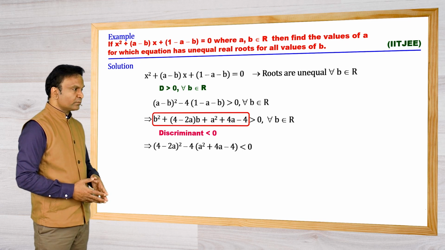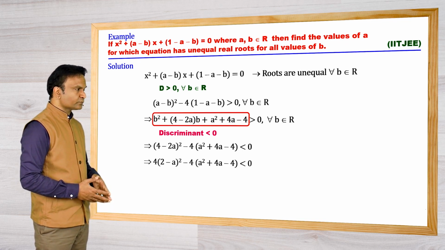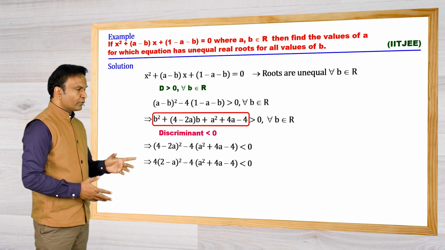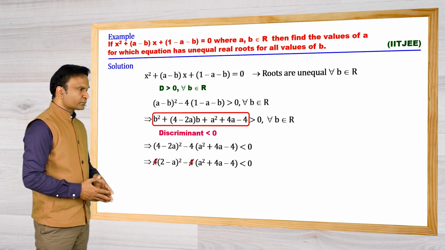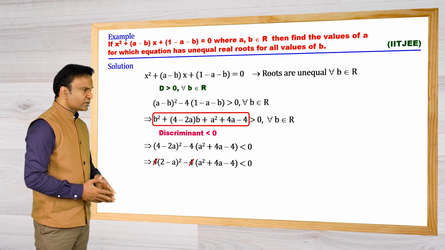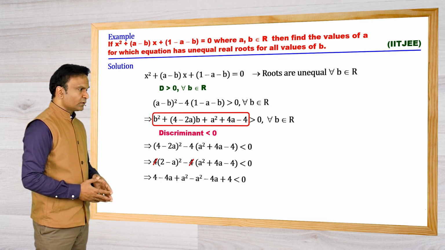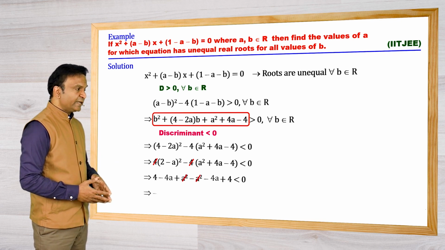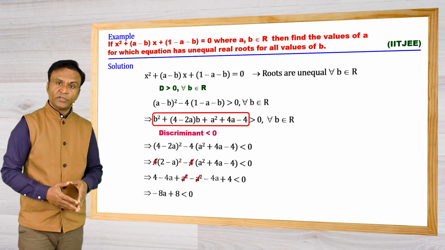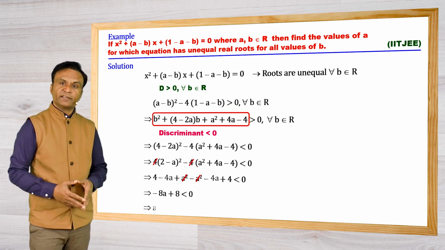From the first perfect square take out 2 common, so we have 4 outside. Now from this we can cancel out 4. Now you expand these 2 brackets. We have some terms cancel out, so we are left with minus 8a plus 8 less than 0. And by this we get a greater than 1.